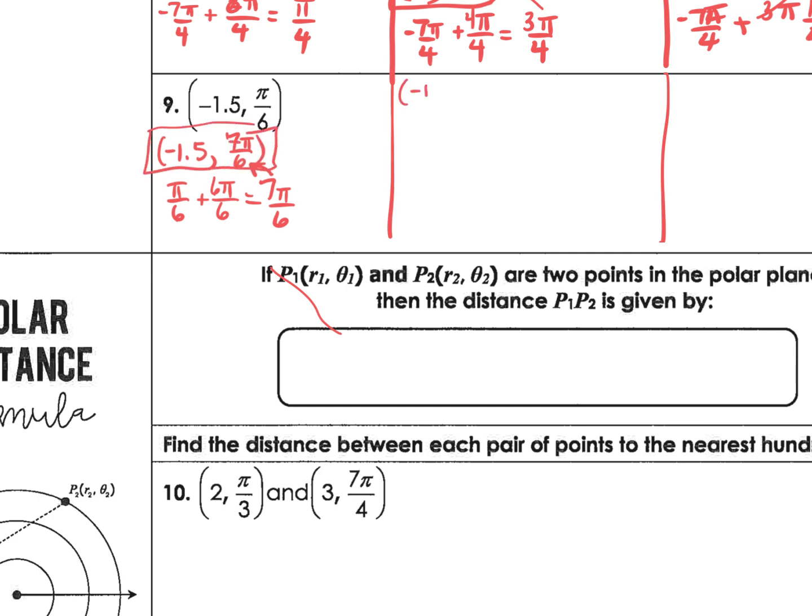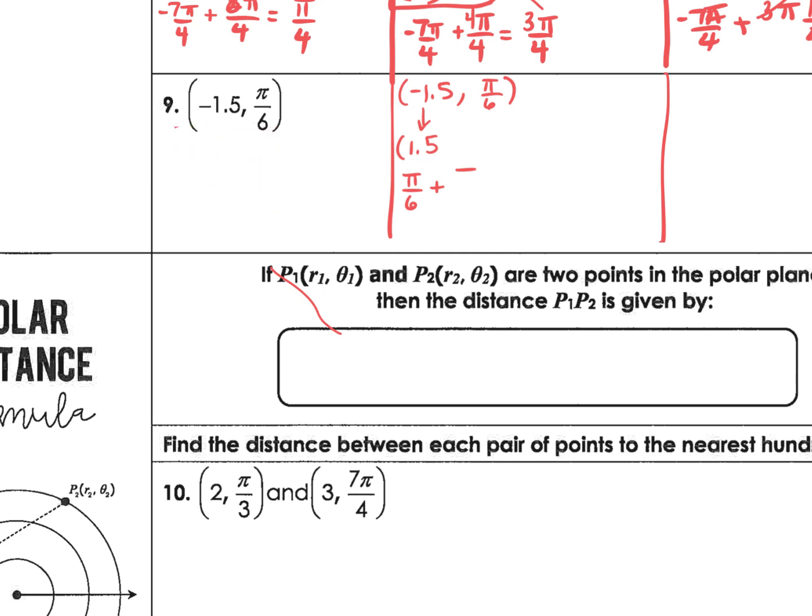I'm going to take negative 1.5, pi over 6. I'm going to change this to positive 1.5. I'm going to take pi over 6 and add pi to it. Okay. I just screwed this up. Let's try this again.